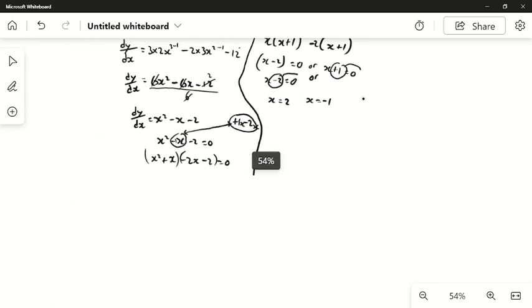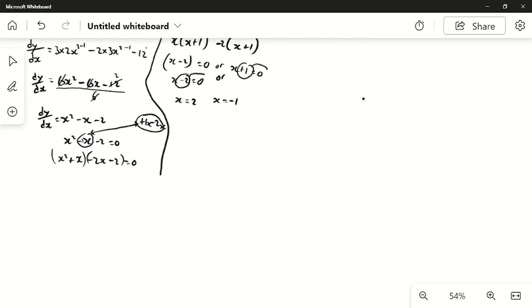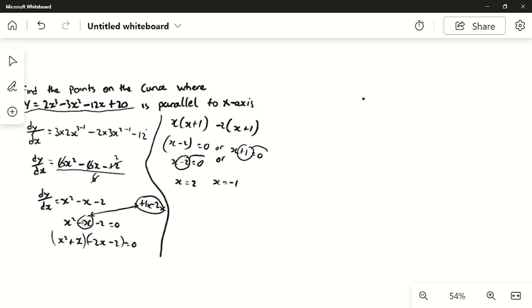So let's take the equation. We're going to substitute x for these values in this equation so that we can have the function of x. We have y equals 2x cubed minus 3x squared minus 12x plus 20.